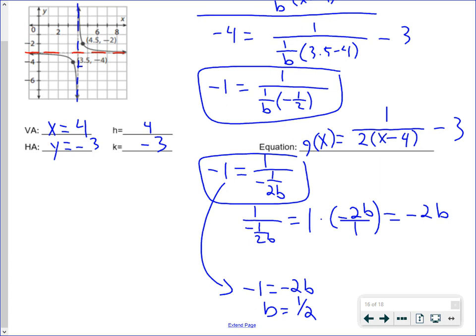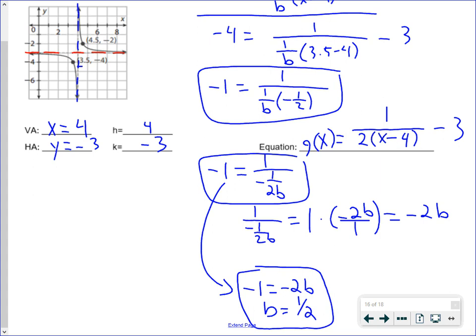If you have a fraction in the denominator, you flip it and multiply with the numerator. So 1 all over negative 1 over 2b is negative 2b. You solve for b down here below, and you end up getting b equals positive 1/2.